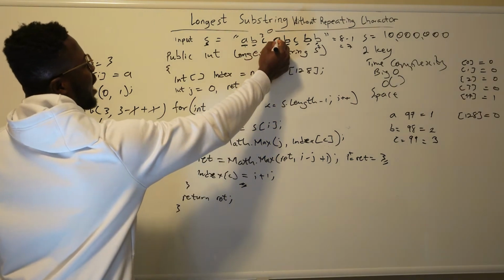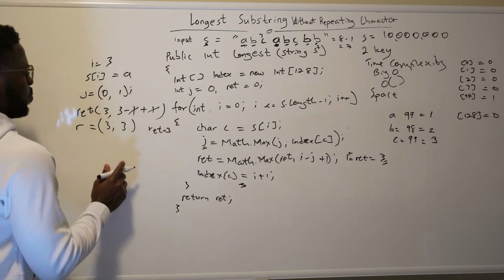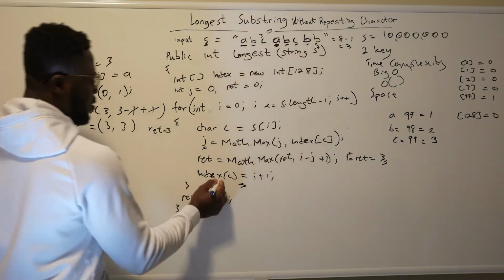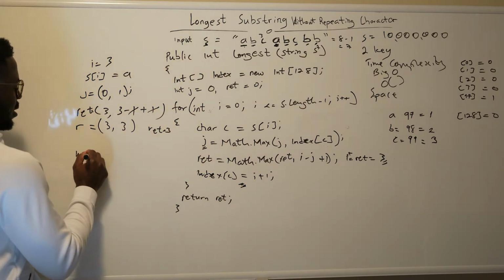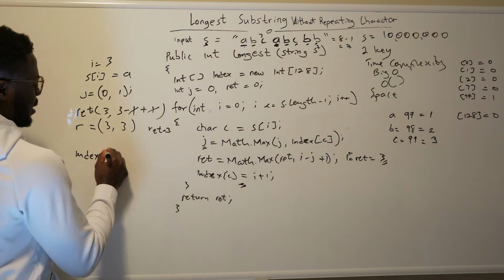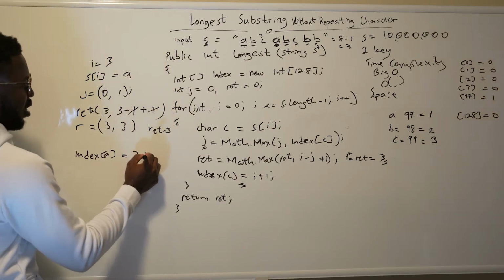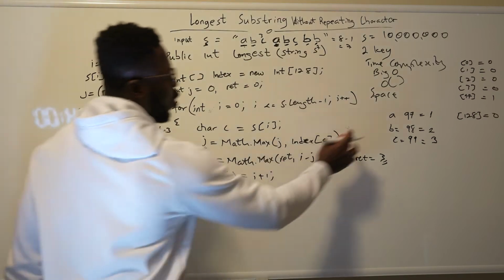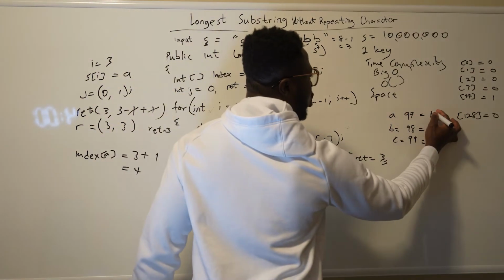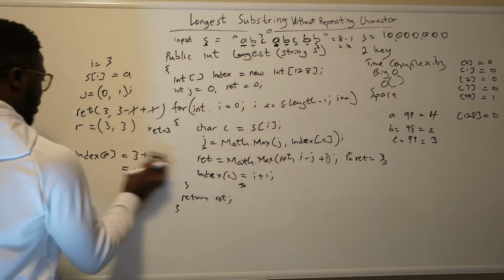This A wouldn't have any effect. So ret is 3. Then we have to set A again, right? So index at A, we know I is 3. 3 plus 1, which is equal to 4. So 97 is going to be 4. Now, perfect.